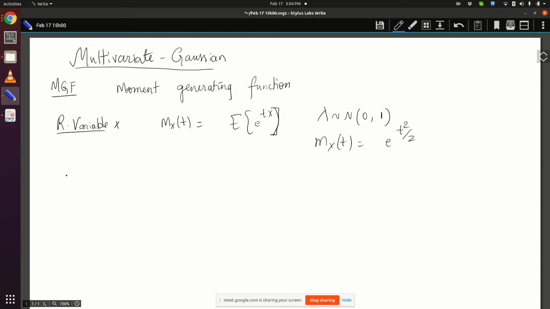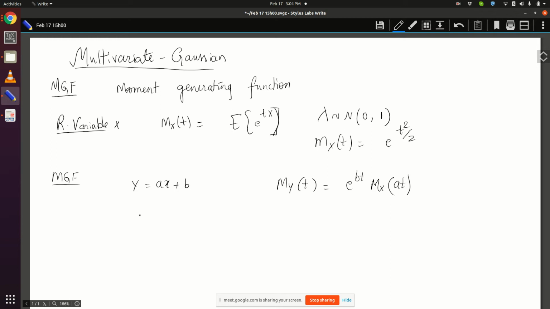Then we saw an identity for the moment generating function of y = ax + b: it is e^(bt) times the MGF of x at at.